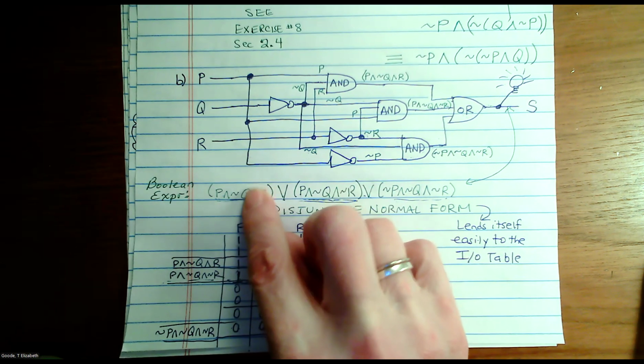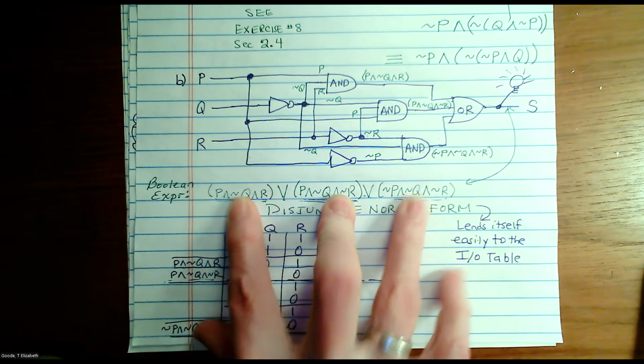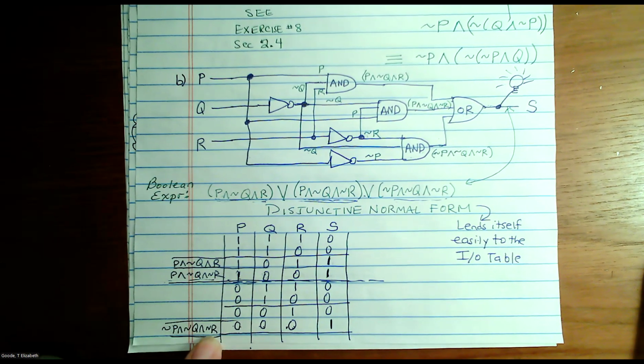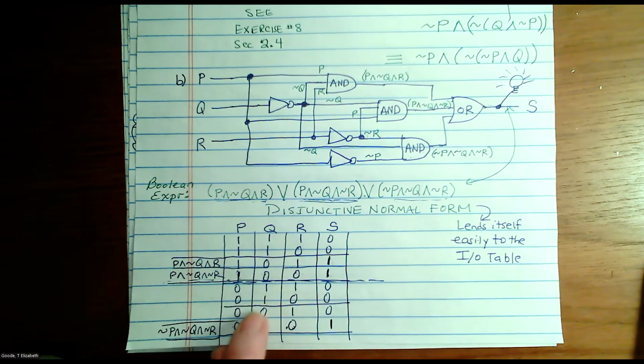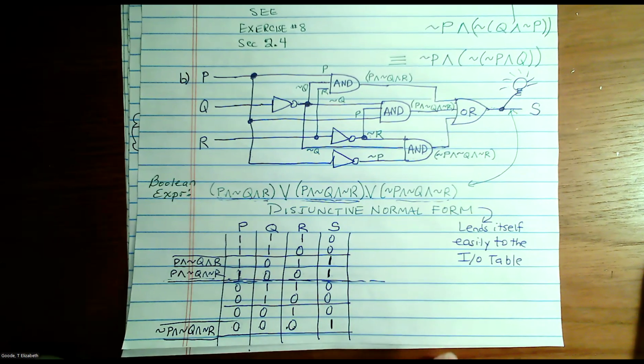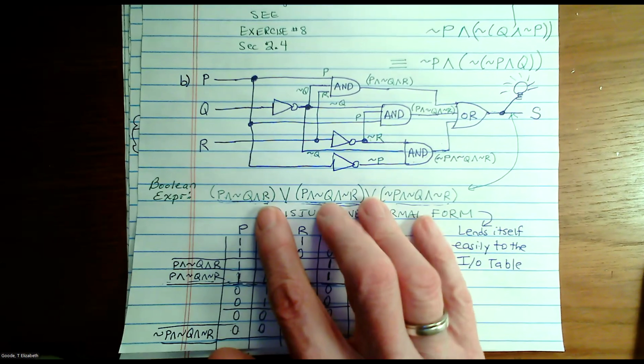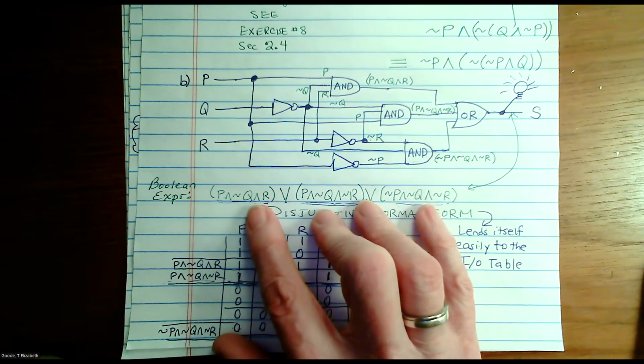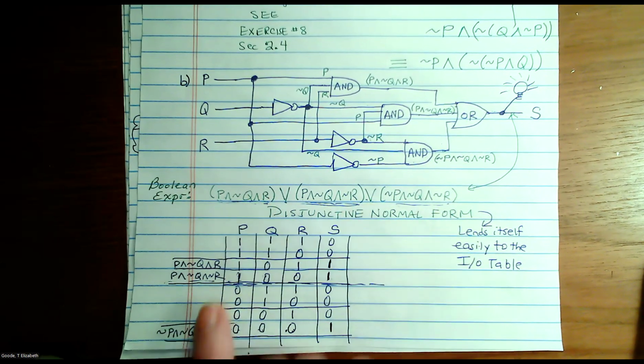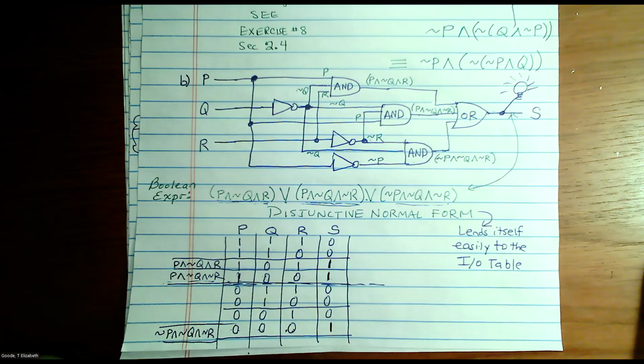But if it's in disjunctive normal form, you can read it right off if you understand what these rows represent in terms of the input. This is pretty easy if your Boolean expression is in disjunctive normal form, right? That's why it's called the normal form. It's really useful.